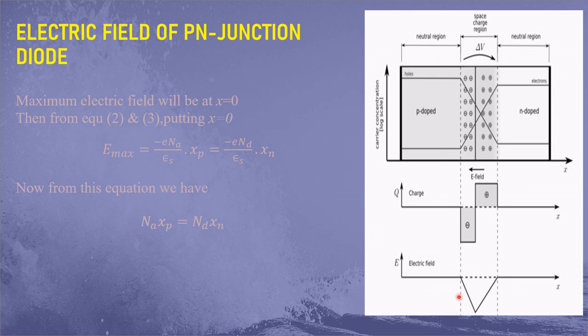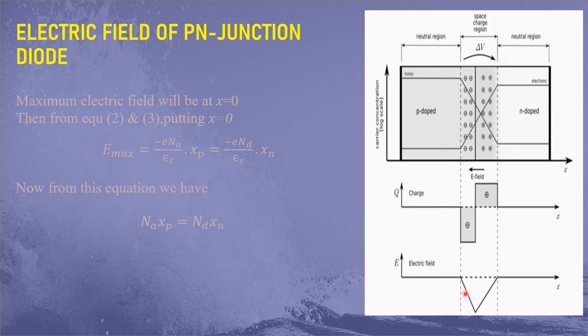And this graph is a plot of the electric field in the depletion region, and the electric field direction is from the N region to the P region, or in the negative x direction.